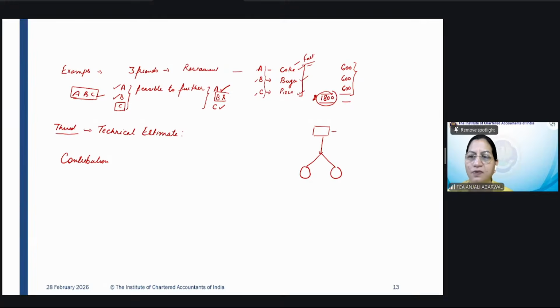Let's say you took gold worth rupees 1 lakh and prepared two equal rings of equal weights. If physical measurement were used, you would know the joint cost should be split equally, 50,000 and 50,000.